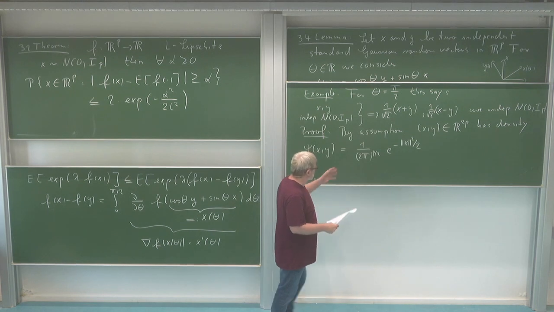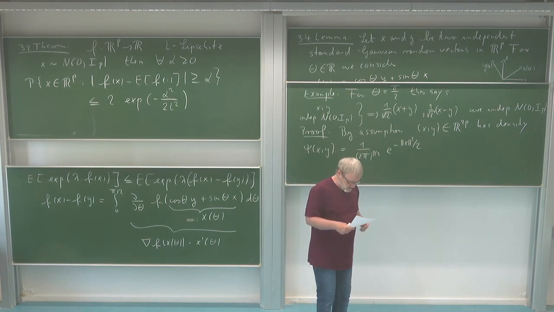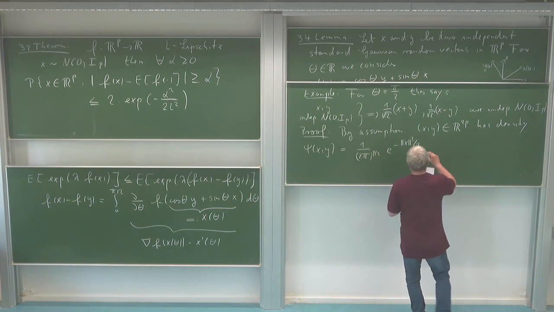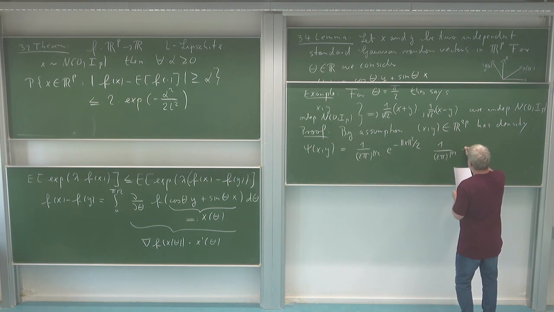That's the probability density for a standard Gaussian vector, and then the same for the y: 1 over (2 pi) to the p over 2 times e to the minus y squared over 2.